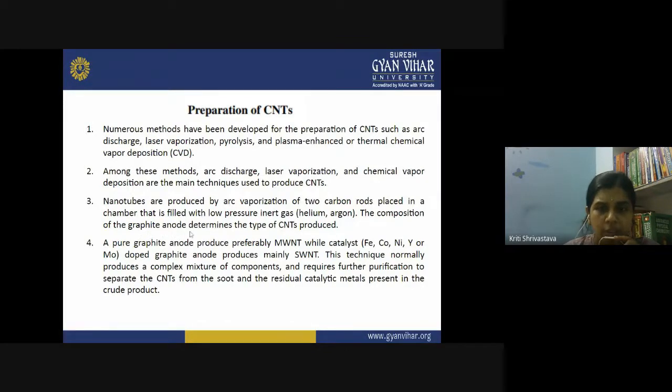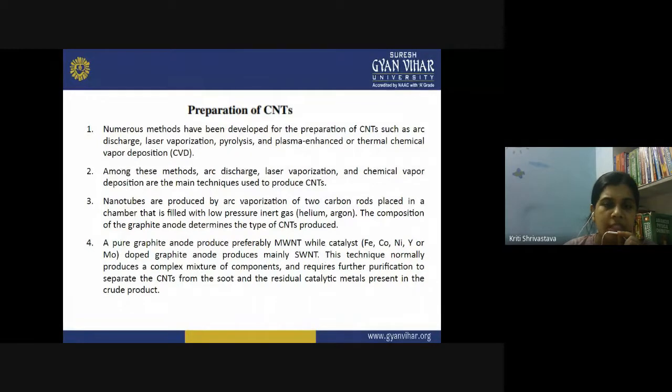anode. How can we do that? If you are taking a pure graphite anode, then what will be formed? Multi-walled nanotube will be formed. But when you are using some catalyst, like you have doped your graphite anode with some metals like iron, cobalt, nickel, yttrium, or molybdenum, in case of doped graphite anode, mainly single walled nanotubes are formed.